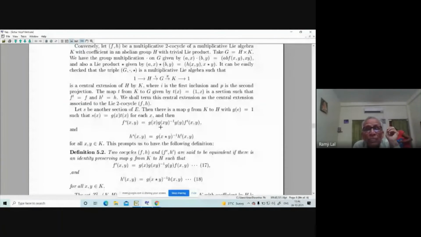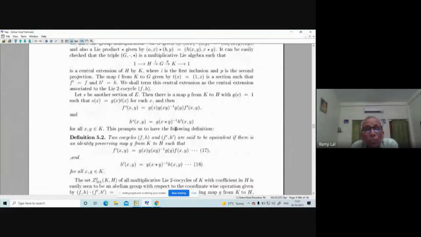In multiplicative notation, if the group is non-commutative, this is the identity which is satisfied. So this is the trivial cocycle in case of group, as you know. Delta G is the coboundary in the usual thing. Similarly here, HT has the coboundary kind of thing. HT and HS differ from the map G, satisfying the property that they differ by G(X) star G(Y) inverse.